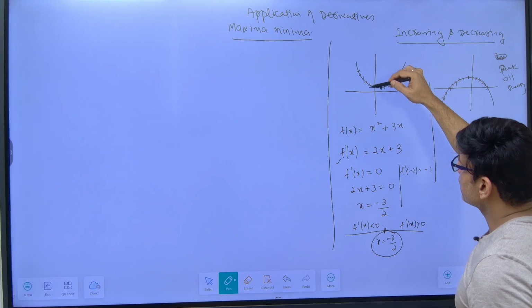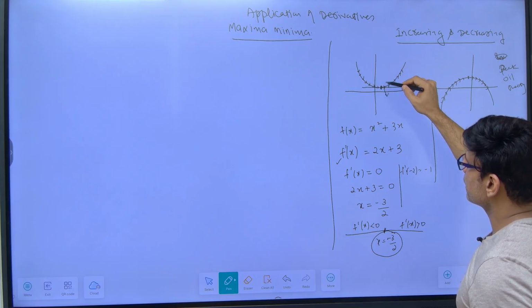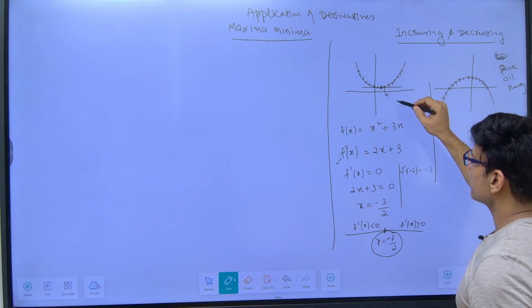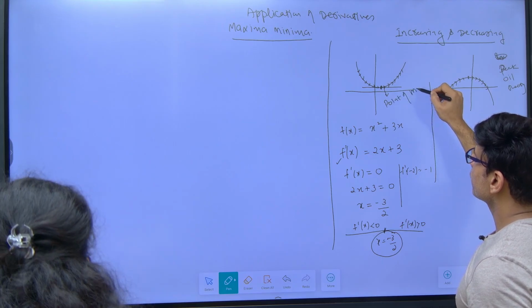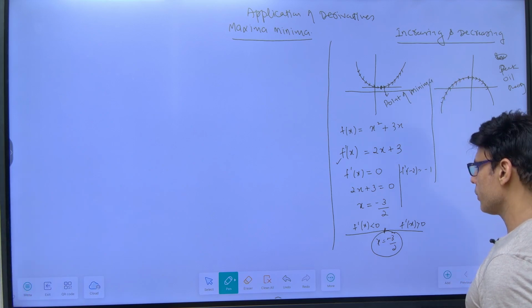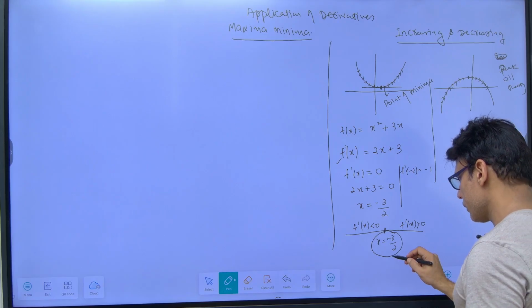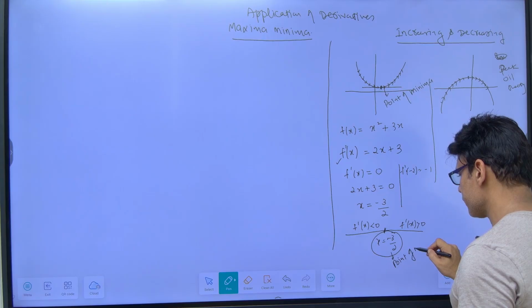Wherever the graph changes its trajectory like this, this is called the point of minima.